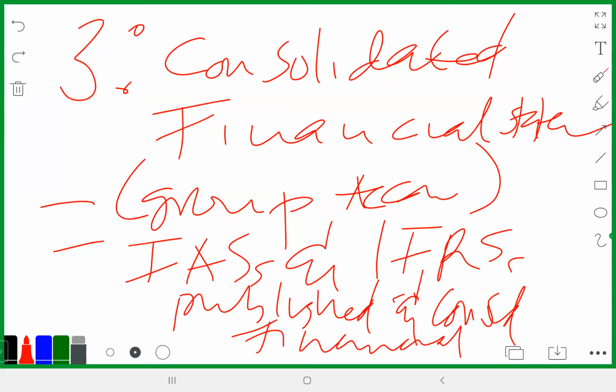Instead, we concentrate on those that relate to the published and consolidated financial statements. At that point, you will learn how to relate these and how to apply these as you do the financial reporting.